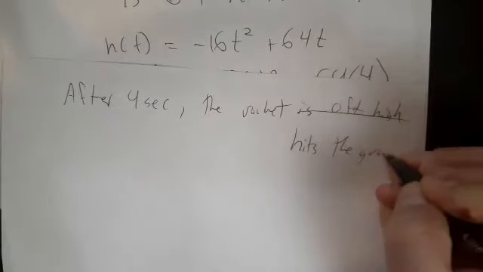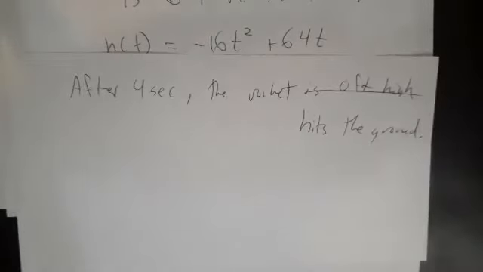This is what I would say personally: the rocket hits the ground. The rocket goes up, the rocket comes down, the rocket hits the ground. So at 4 seconds, it is at 0 feet. That means it is on the ground. It hits the ground exactly at 4 seconds, right?